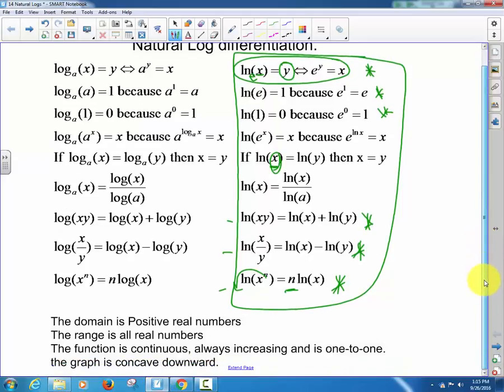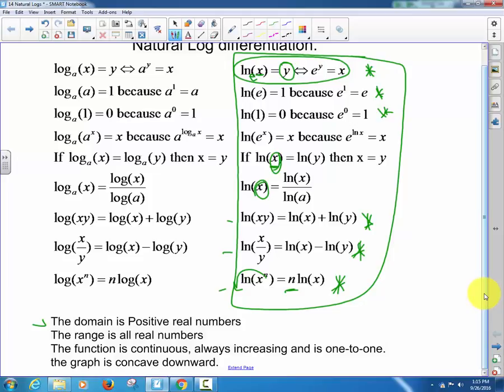Down at the bottom here, just a few things that you need to be sure you know. The domain is positive real numbers. What does that mean? That means the argument has to be a positive real number. The argument can't be 0. So I can't take the natural log of 0. I can't take the natural log of a negative number. So the domain is all positive real numbers.